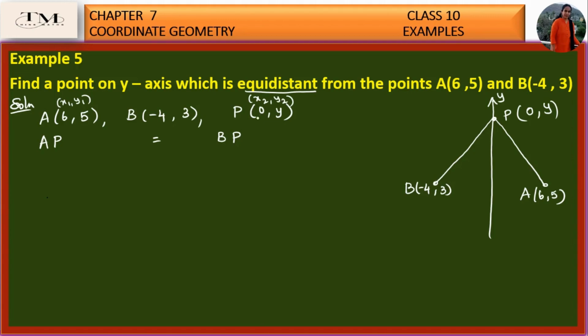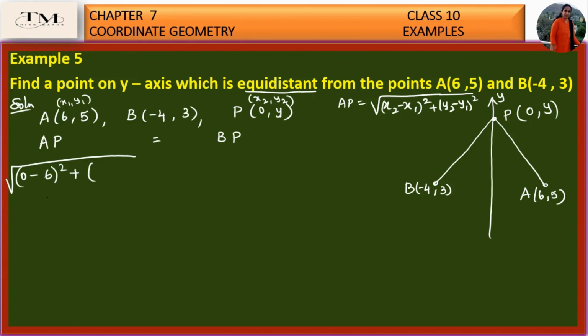So distance between AP. Distance formula is square root of x2 minus x1 whole square plus y2 minus y1 whole square. Applying this distance formula, AP is square root of x2 minus x1, so 0 minus 6 whole square plus y2, it is y minus y1, which is 5, y minus 5 whole square, equal to square root of BP.